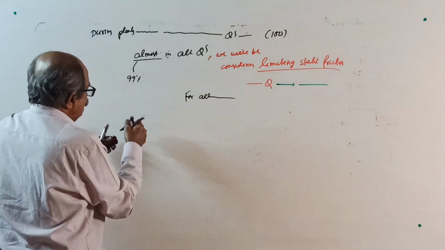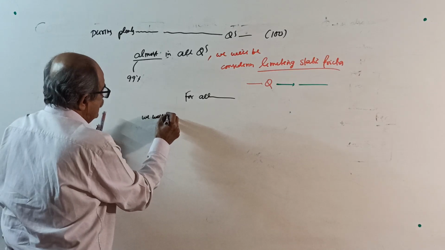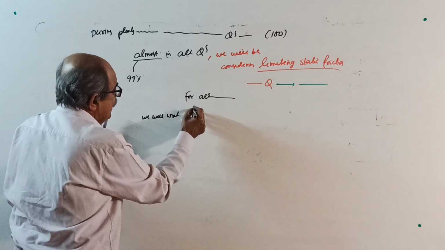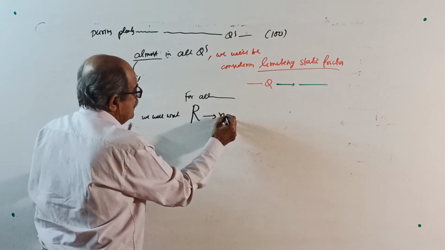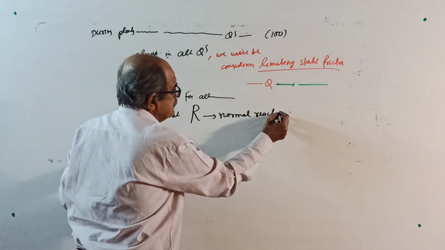So for all these questions, I won't explain once again: R as the normal reaction. Resultant reaction you don't require. R as the normal reaction, permanently.